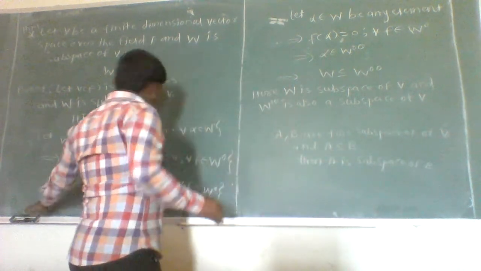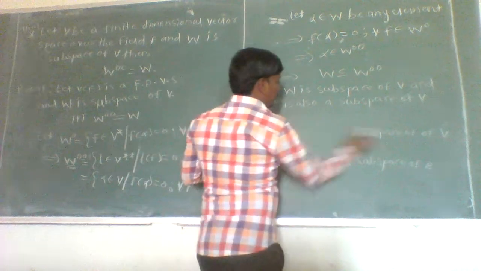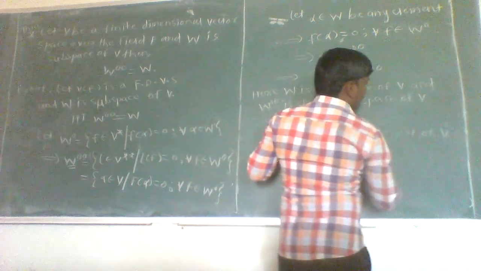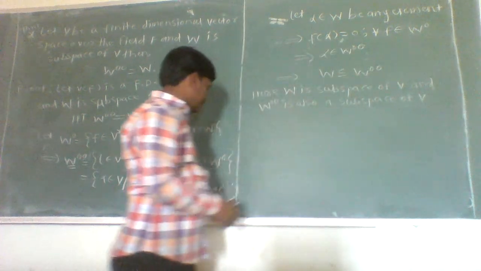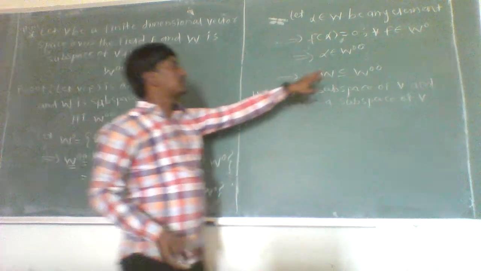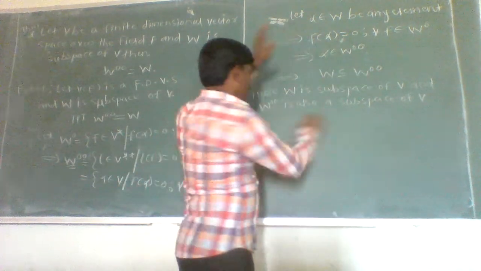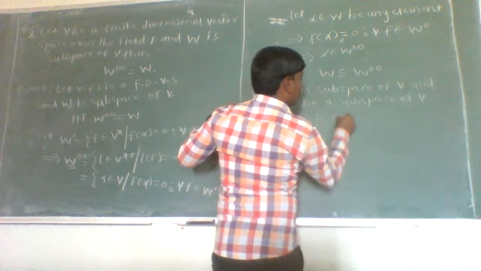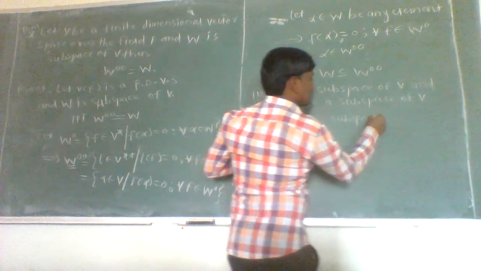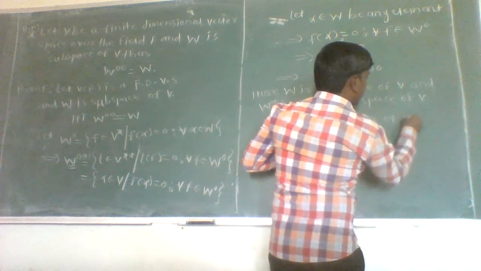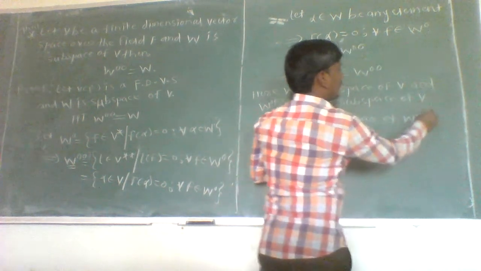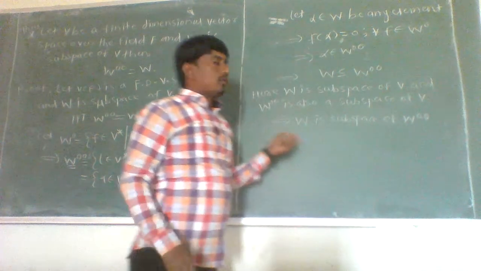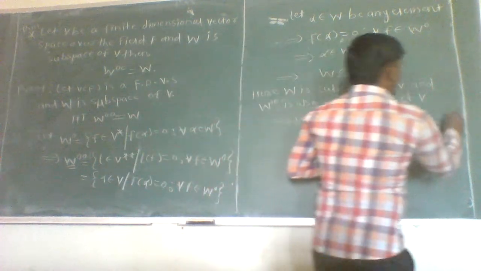Now from here, as W and W double annihilator are two subspaces of a vector space V, and W is a subset of W double annihilator, which implies W is a subspace of vector space W double annihilator. Okay. Now let us take this one as equation 1.